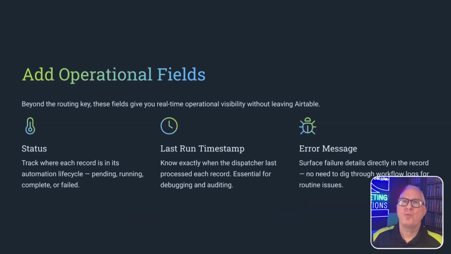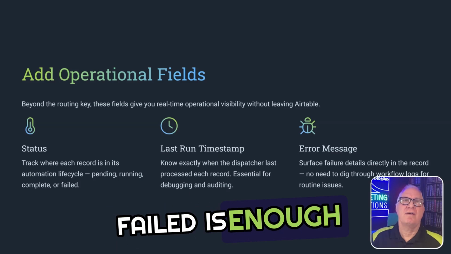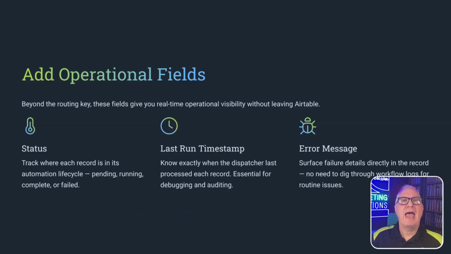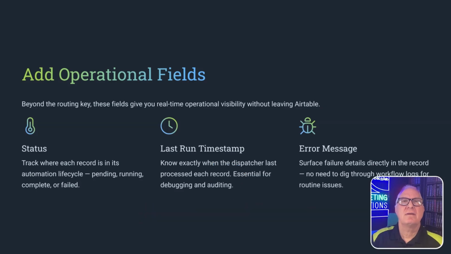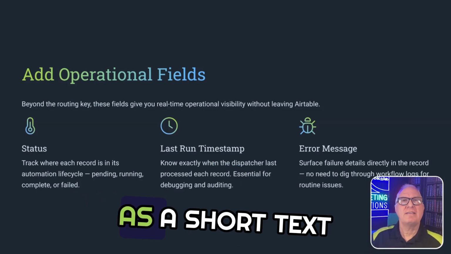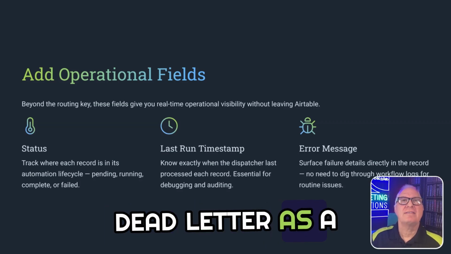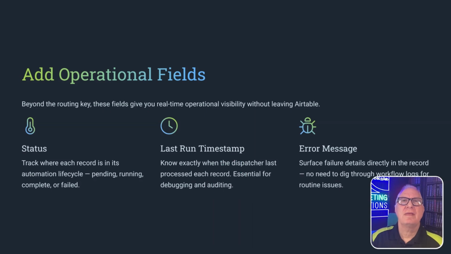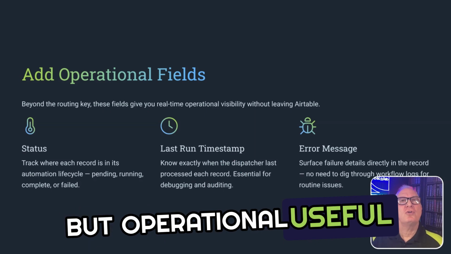Queued, running, success, failed is enough. Add error message as long text. Add attempted workflow as a short text field. Add dead letter as a checkbox. That's it. Minimal, but operational, useful.